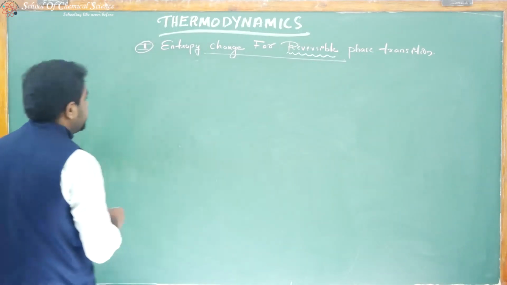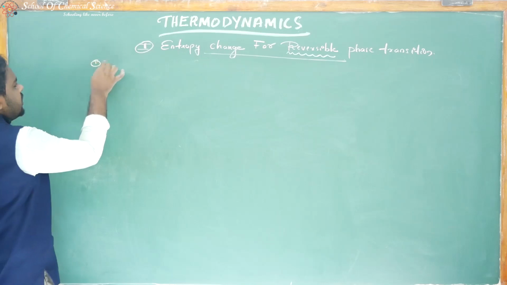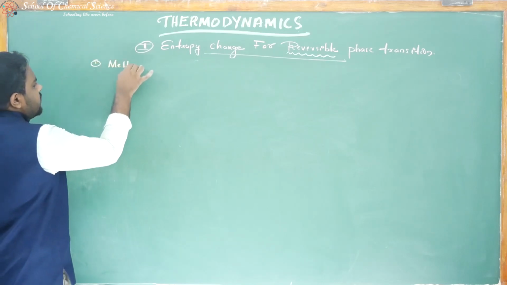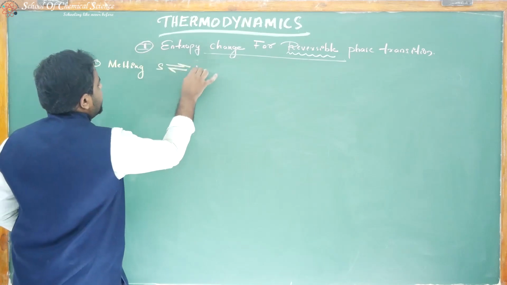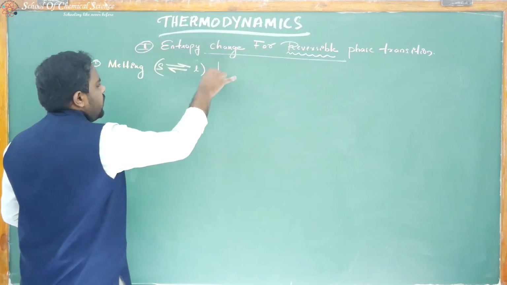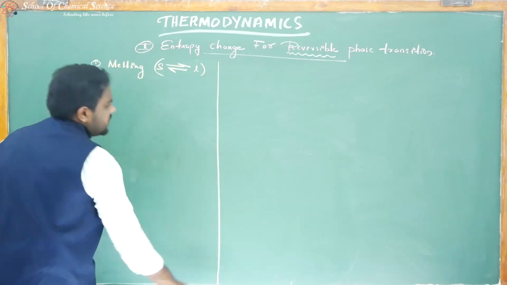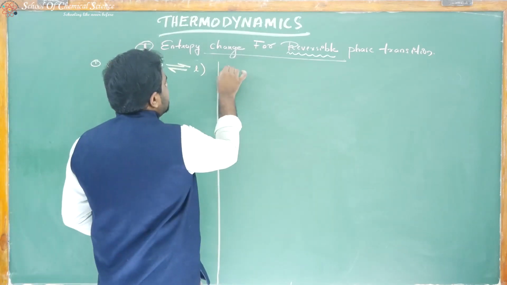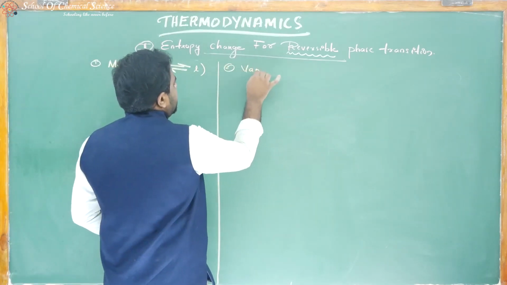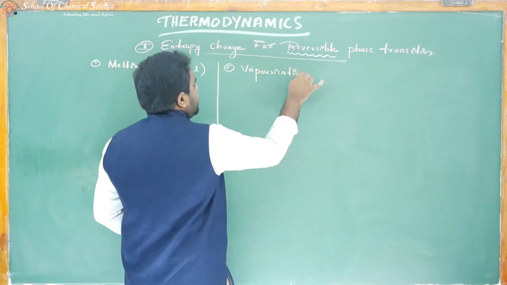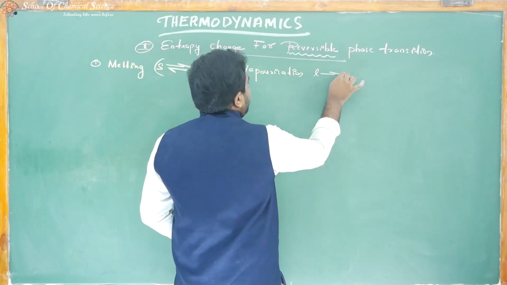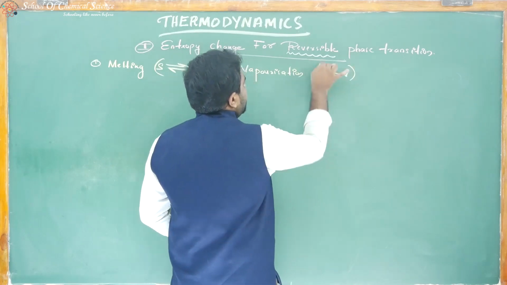First case, melting. What is melting? Solid reversibly gives liquid. All are reversible conditions. Second case, vaporization. What is vaporization? Liquid reversibly gives vapor.